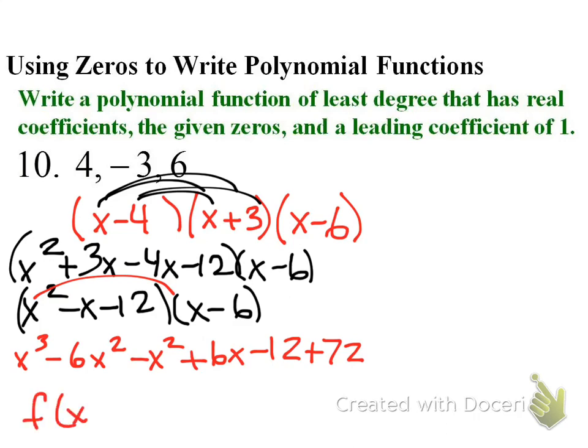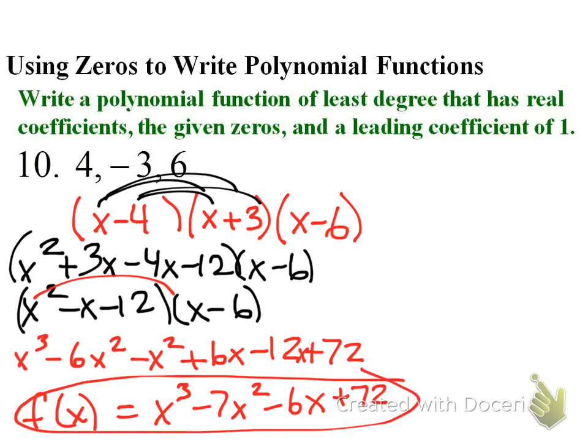So my function is going to be what you get when you combine your like terms here. Oh, I dropped an x. Sorry, that 12 should have been x with it. Minus 6x plus 72. What are your questions on this?